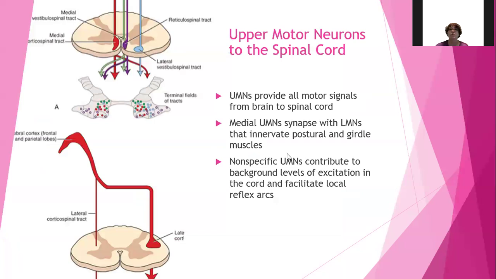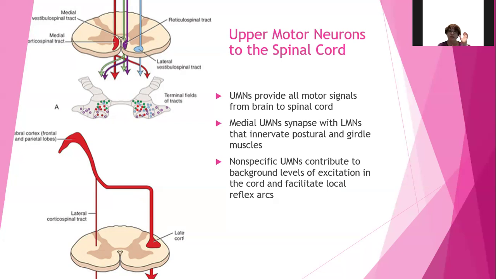So motor neurons provide all the motor signals from the brain to the spinal cord. Even though they have a lot of input from the cerebellum, the basal ganglia, and sensory feed forward, they're the ones providing the signals. So the medial upper motor neurons synapse with lower motor neurons to innervate postural and girdle muscles. So those motor neuron signals run in the medial corticospinal tract.